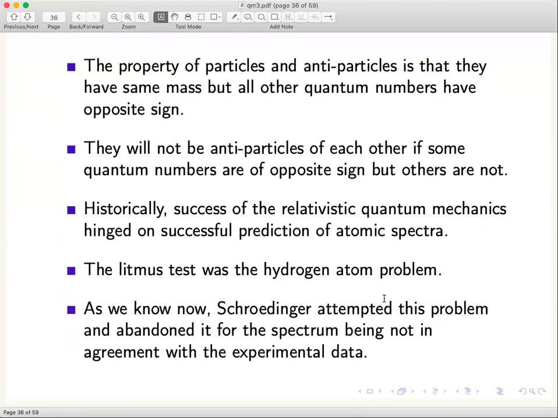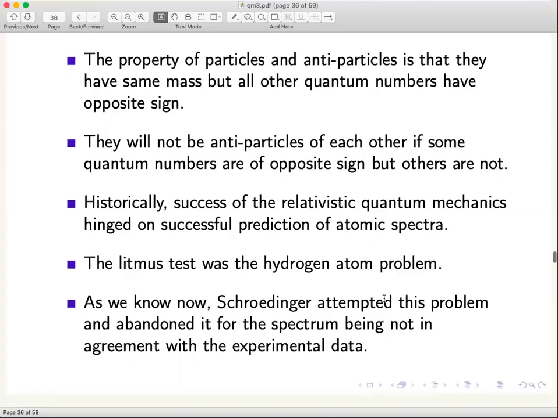Okay, so what we'll do is look at this system of Klein-Gordon equation coupled to the electromagnetic field, and one of the reasons to do that is because at that time the most important question, which is what I basically call the litmus test, was to find out the spectrum of the hydrogen atom. To understand whether you get the hydrogen atom spectrum right, you need to study Klein-Gordon coupled to the electromagnetic field.